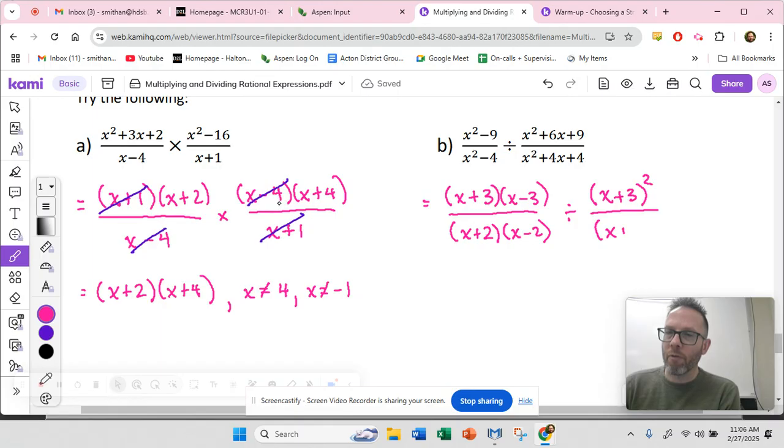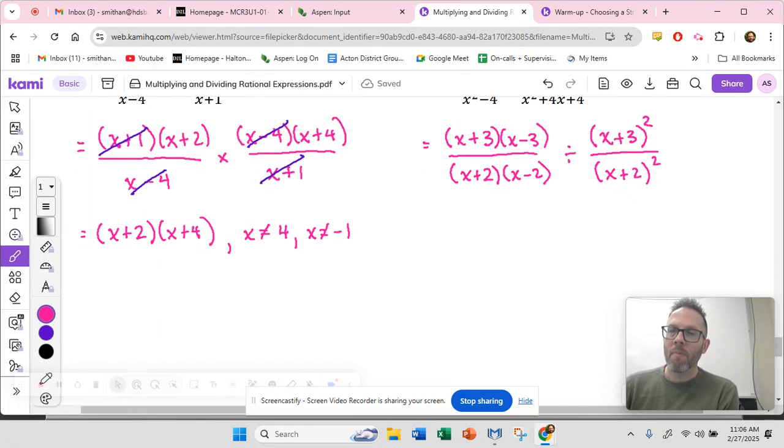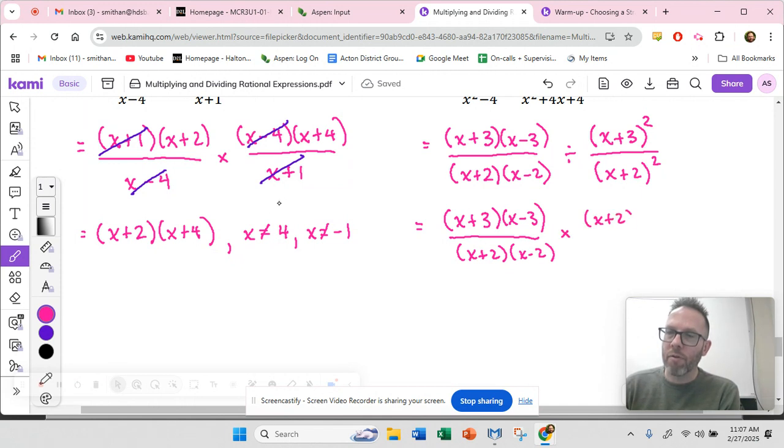Bottom right, perfect square trinomial. You could also factor those as simple trinomials. Can't do any canceling yet. You have to have it as a multiplication. X minus 3 over x plus 2, x minus 2 times x plus 2 squared over x plus 3 squared.